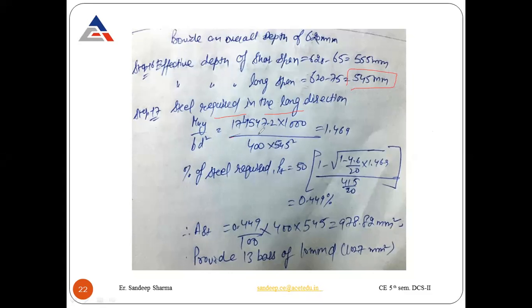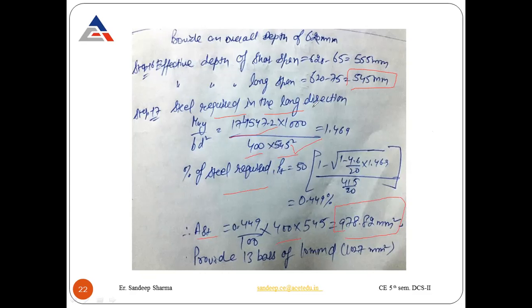So the moment along the longer direction divided by b into d. d is the effective depth which we calculated here, and this is the percentage of steel required against that, and this is the area of steel that we can get by multiplying with the area of the cross section b into d. So this is the area of the steel required for the longer direction.